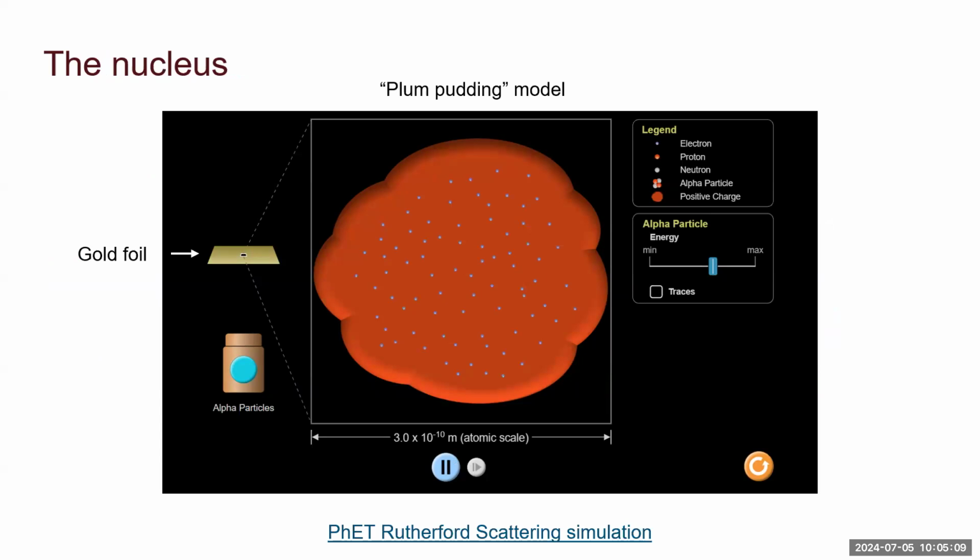So here's another look at this plum pudding model. Essentially, a fellow by the name of Ernest Rutherford, I believe at McGill University in Montreal, Quebec, did the experiment that disproved the plum pudding model.